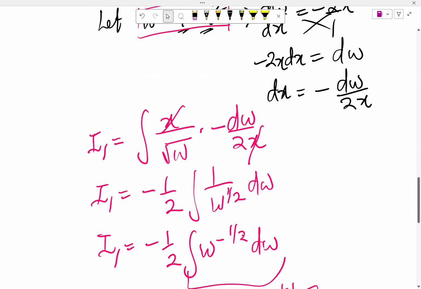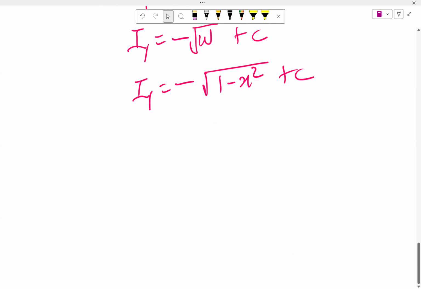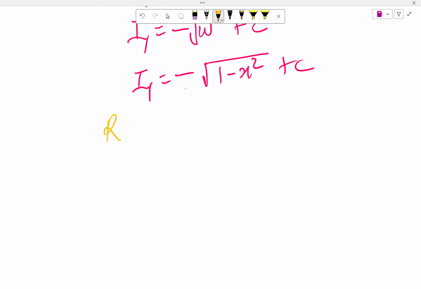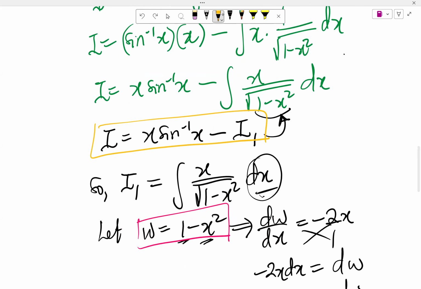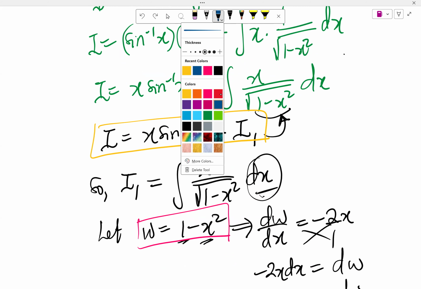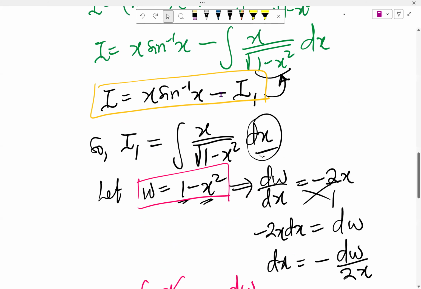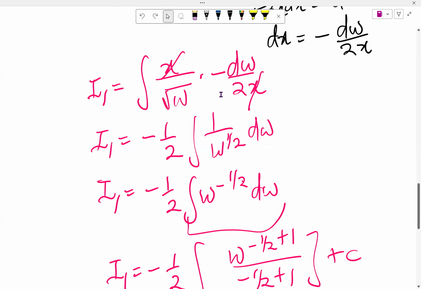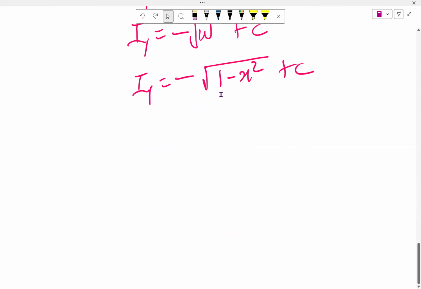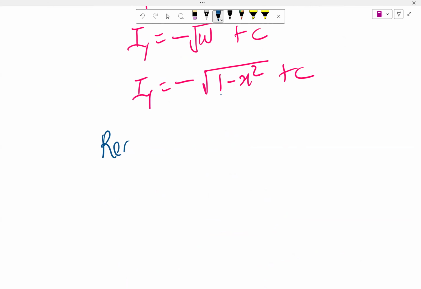So I can tell you to recall. Okay, looks like yellow is not always the best. Let me go kind of blue. So again, recall that I equals x arcsin x minus I1.